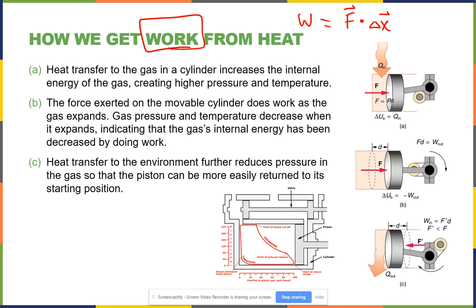If you have pressure in the gas, then it's going to put a force on the piston. Remember from one of our test questions, what direction is the force of that gas going to be on the piston? Always into it. So we're going to have a force in the direction shown by the arrow here that's equal to the pressure times the area of that piston.